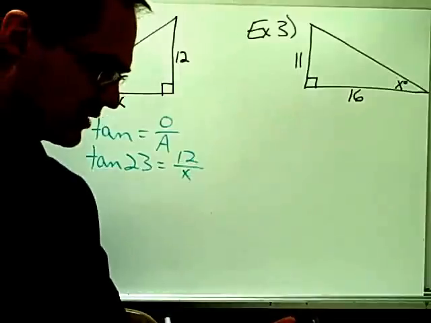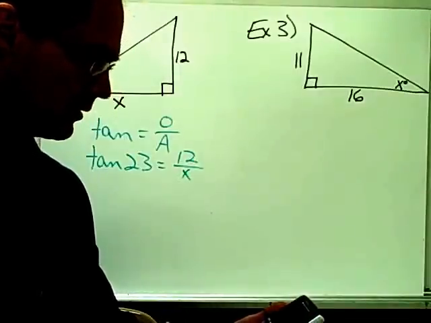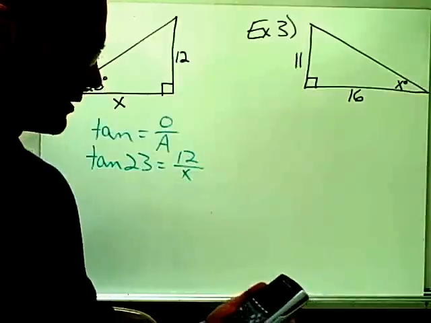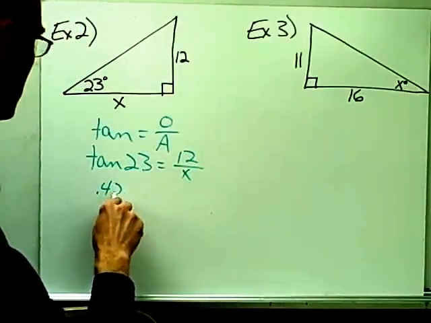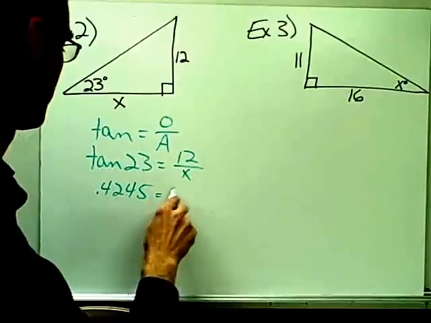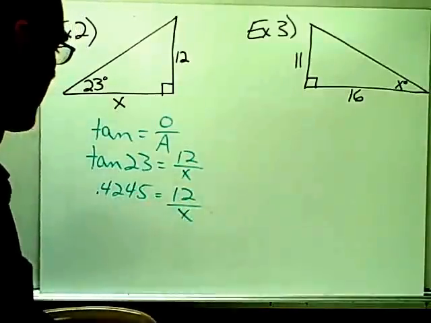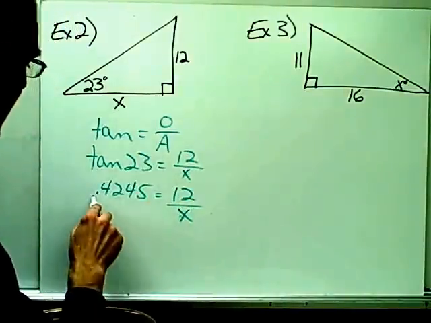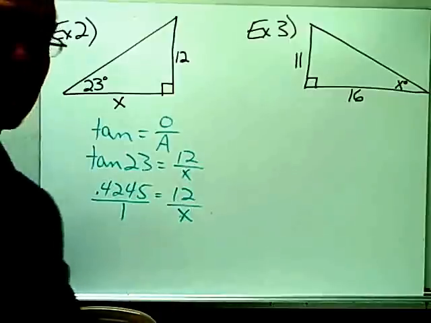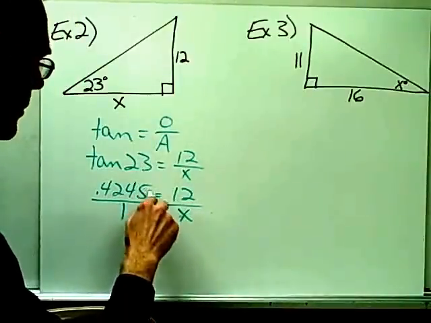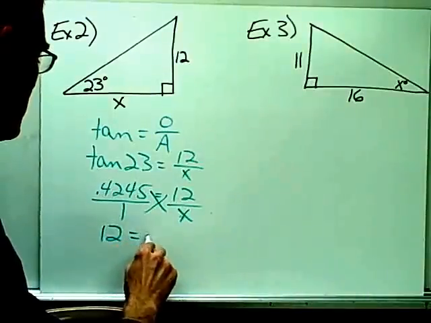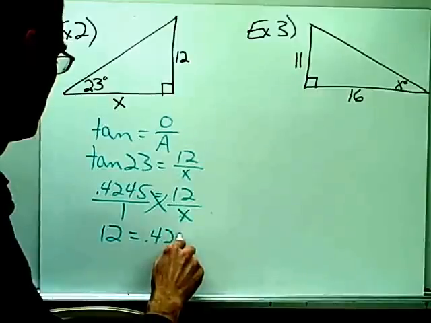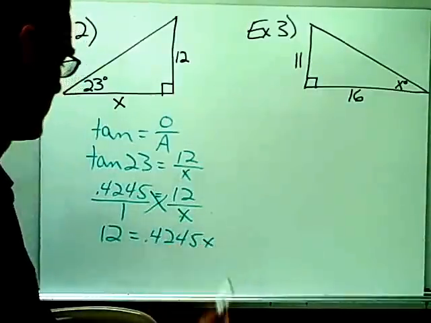Now I want to type in tangent of 23. Tangent 23 degrees is 0.4245. And I'm going to put this over 1 so that it looks like a proportion. I solve a proportion by cross multiplying. 1 times 12 is 12. 0.4245x.